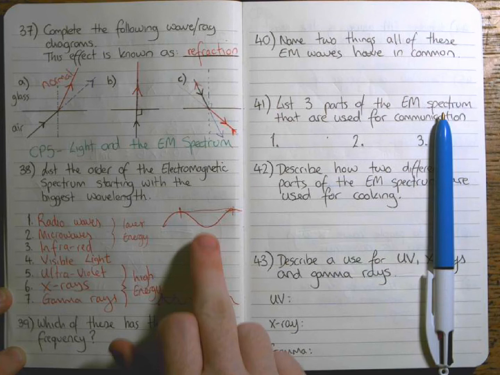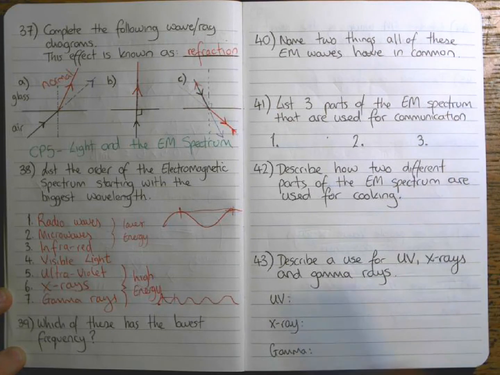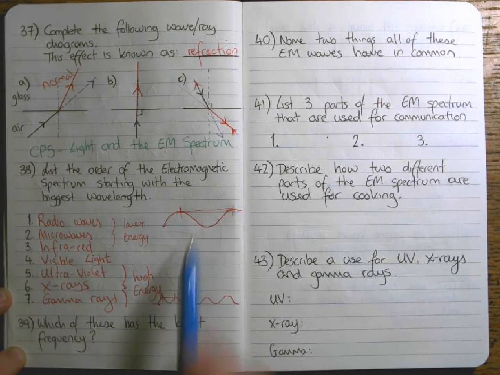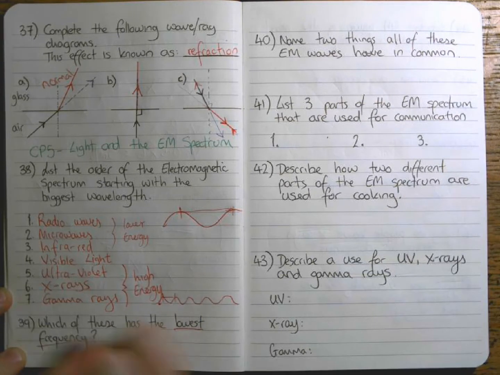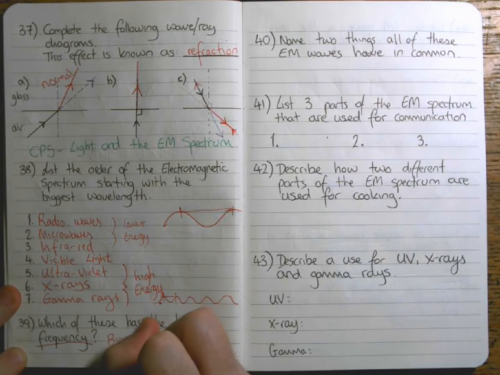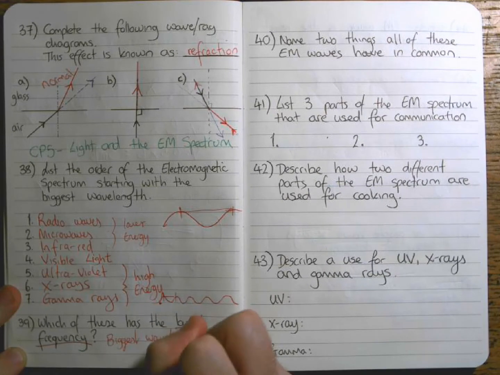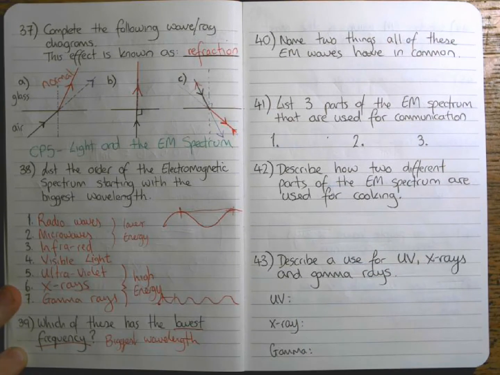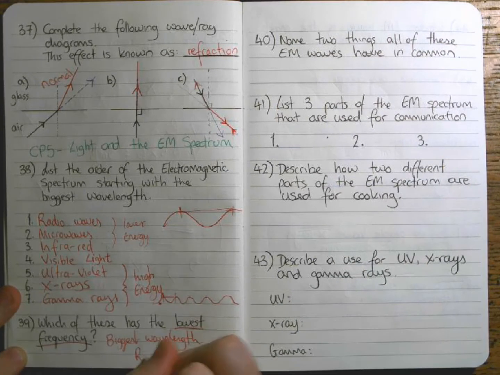So that has a lower frequency. So the bigger the wavelength, the lower the frequency. It's like the question is almost saying, which one has the biggest wavelength, if it says which one has the lowest frequency. So the answer is radio waves.